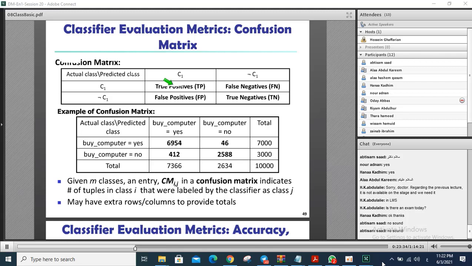Okay, here in the middle of this table, you can see some specified measures. For example, true positive, false positive, true negative, and false negative.